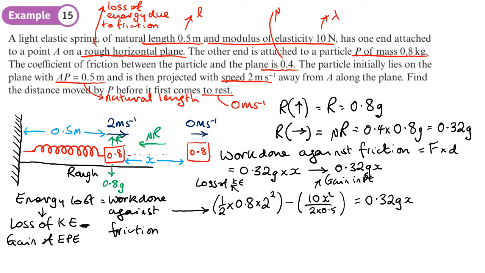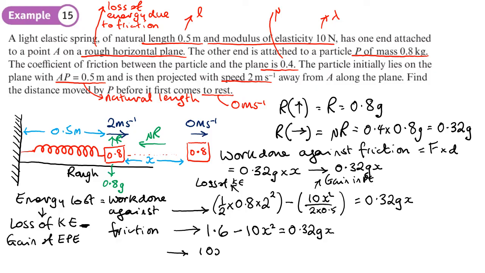So we're now at the point where we can solve to find x. If I look at the first bracket, half times 0.8 times 2 squared, I get 8 over 5, which is 1.6. So now I've got 1.6, and then I need to subtract 10x squared, because 2 times 0.5 is 1, so minus 10x squared equals 0.32gx. So we've got a quadratic again like before.